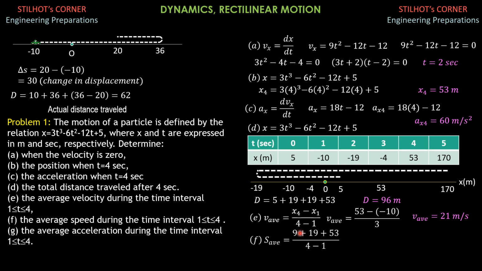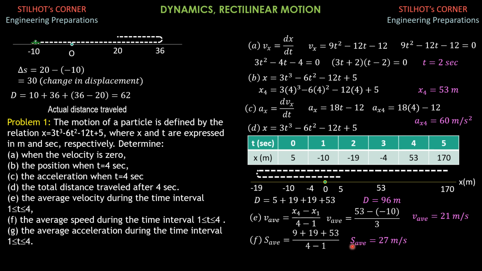Divided by 3, that is equal to 27 meters per second. The average speed is always positive because speed is a scalar value.